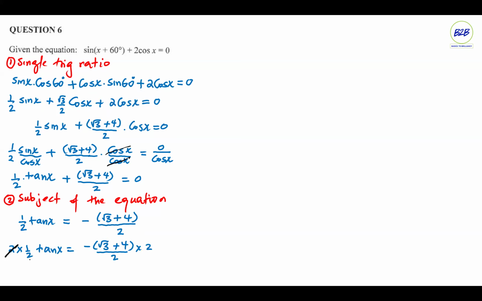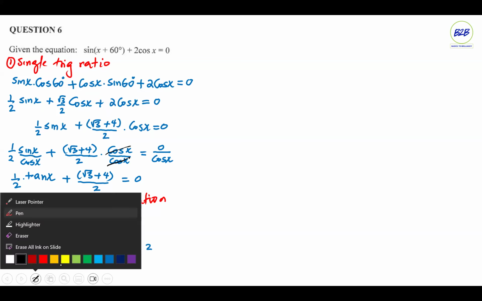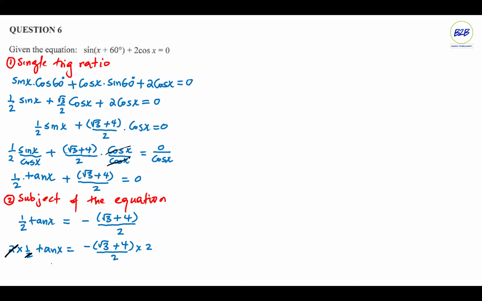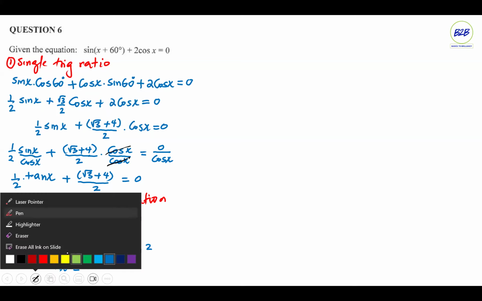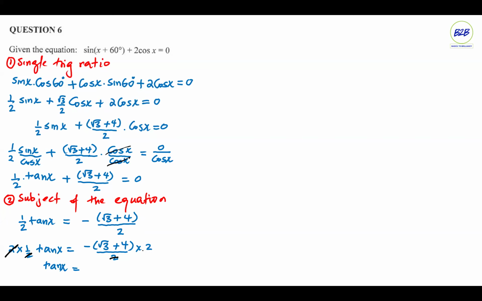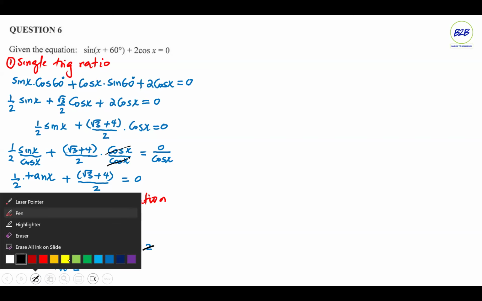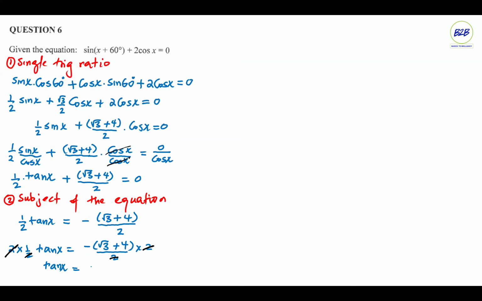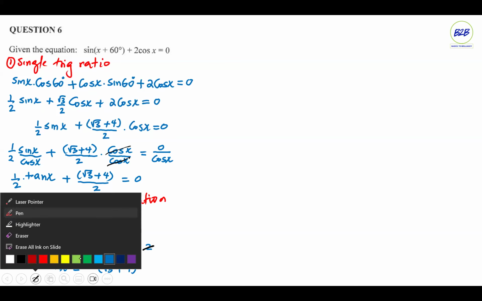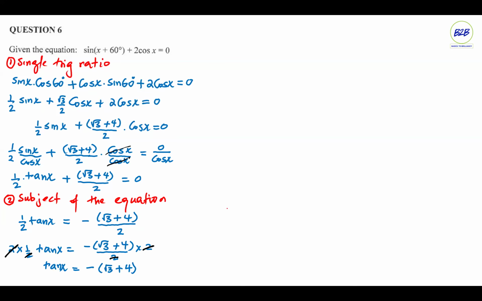Then this 2 and that 2 will cancel one another, and then we will be left strictly with tan of x. And then on the right-hand side, those 2 will cancel one another, and then we'll be left with negative root of 3 plus 4. All right, and that is, folks, how we make tan of x to be the subject of the equation.